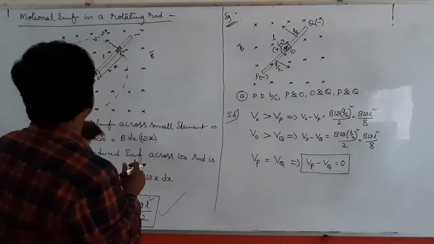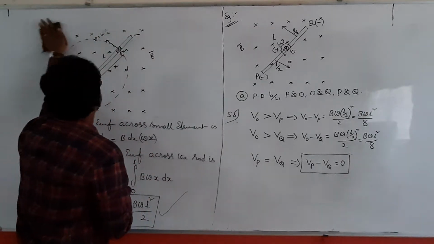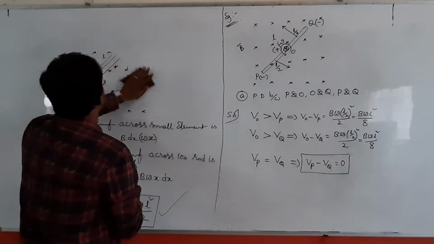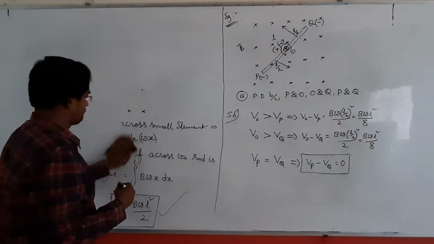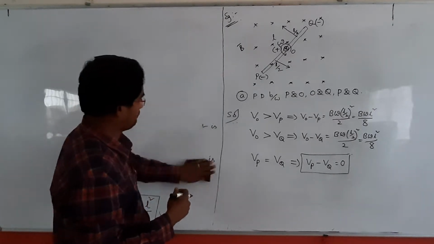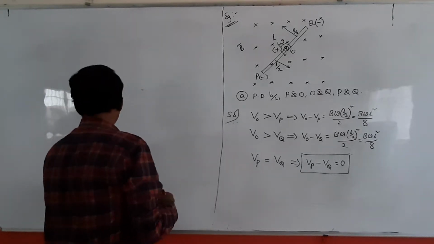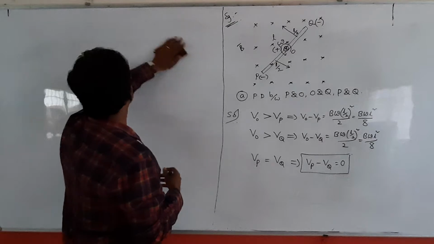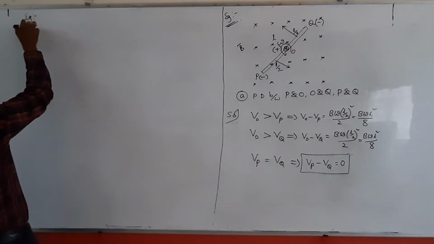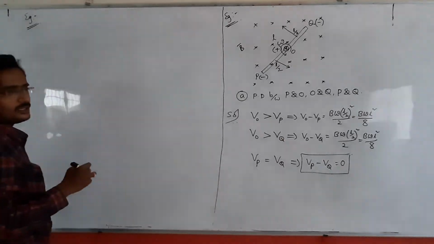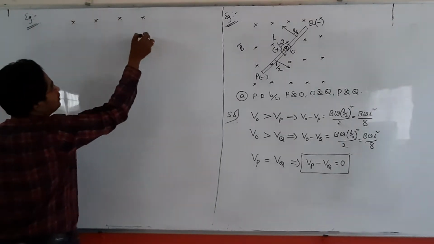Next problem. In the next example, there is a uniform magnetic field.